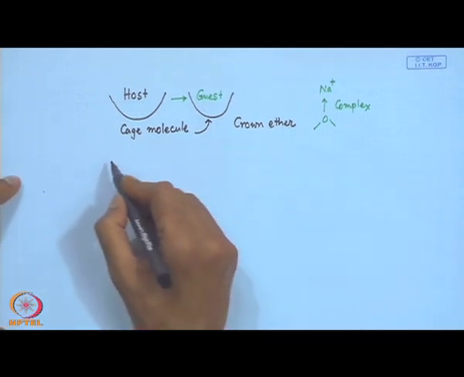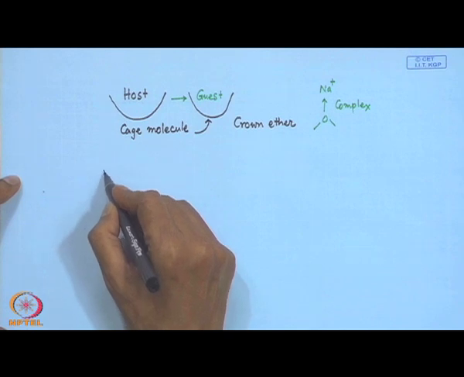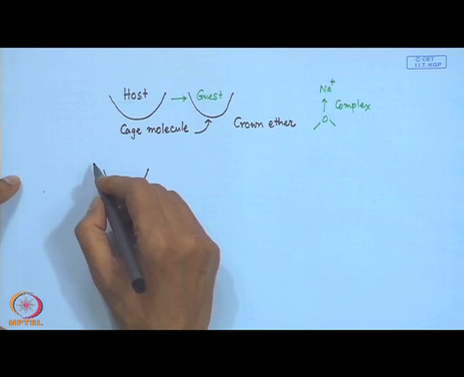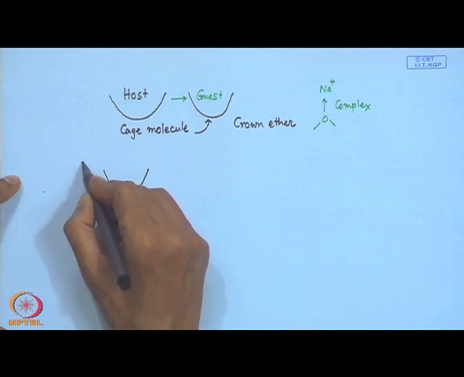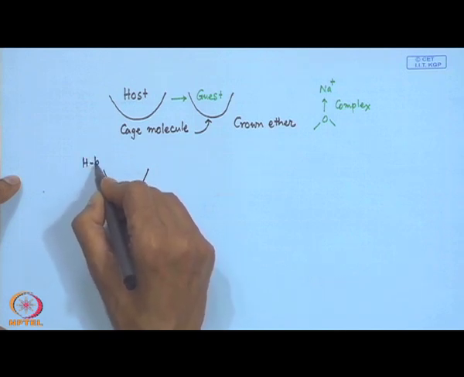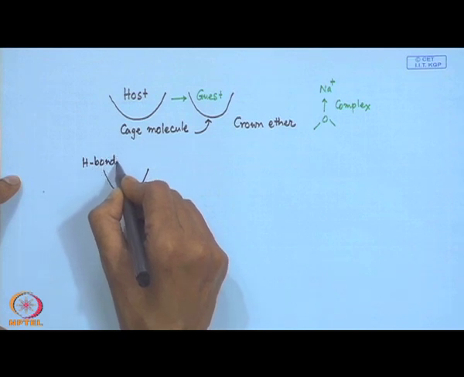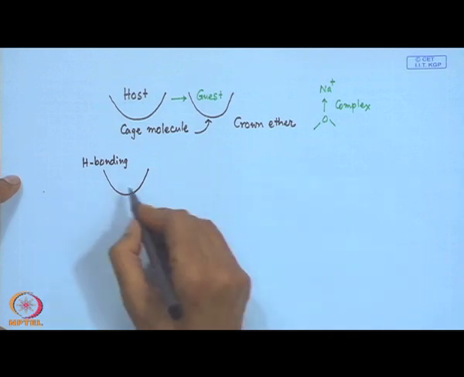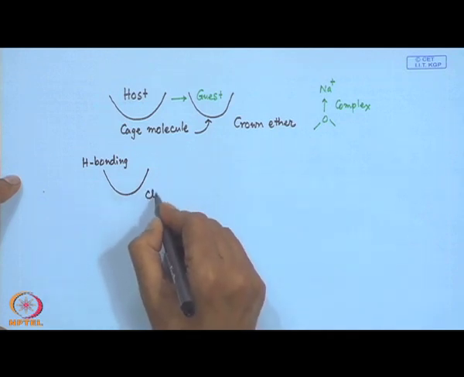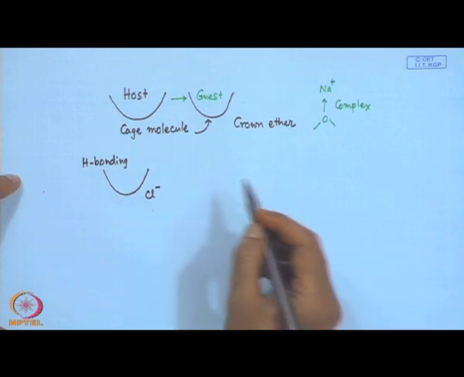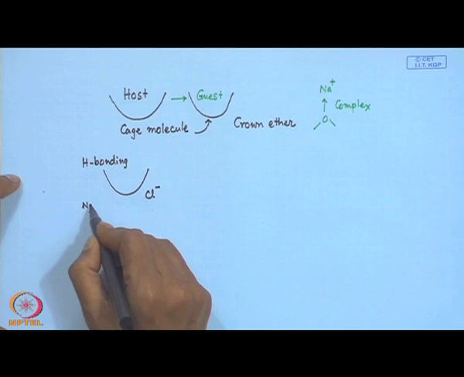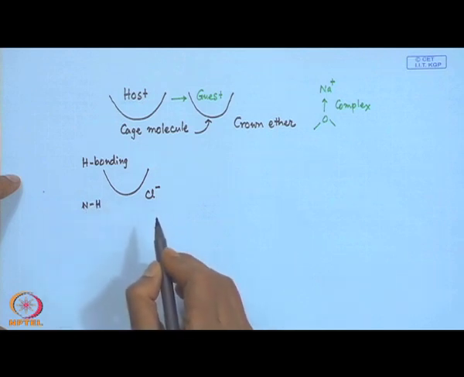Similarly, we can have anion binding. So, there can be some species where we have some hydrogen bonding donors. So, hydrogen bonding can play some important role for some anion, say Cl minus. Hydrogen bonding can be used for some NH groups.